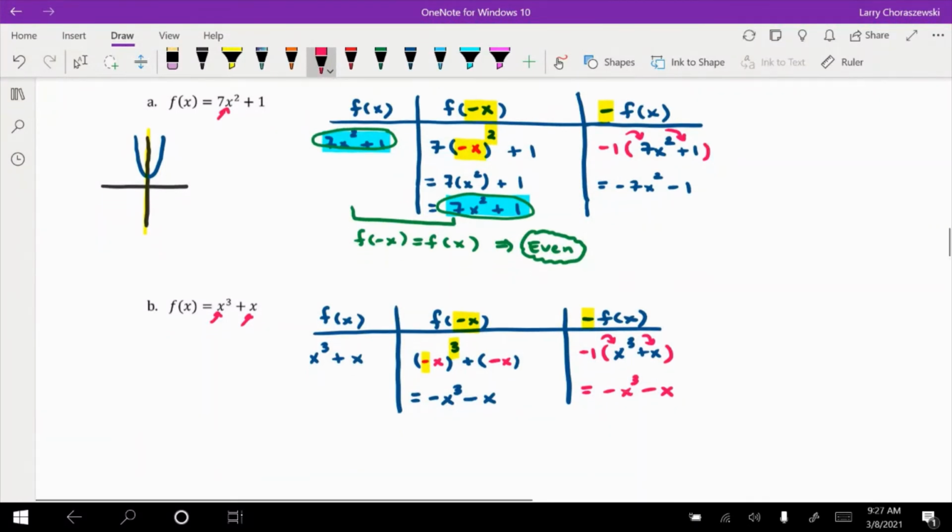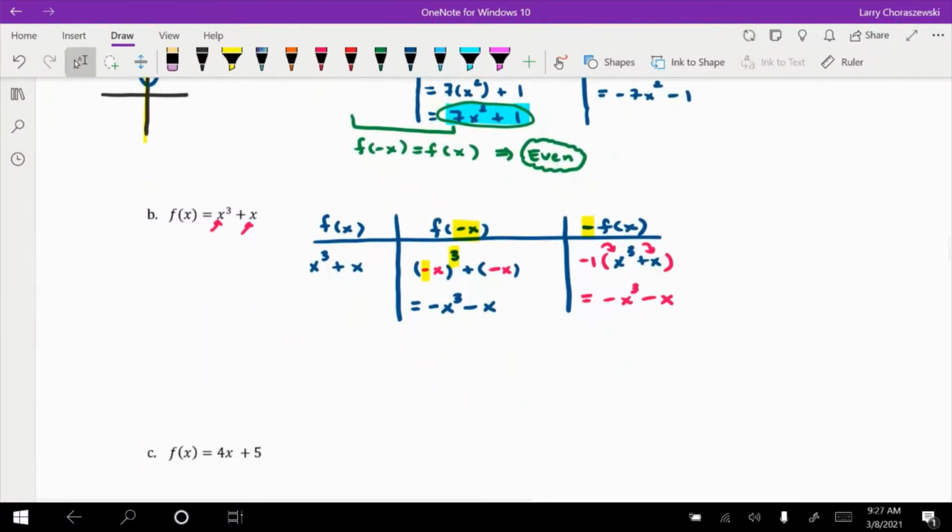Now, do any of the expressions within the table match each other? About negative x cubed minus x, negative x cubed minus x?